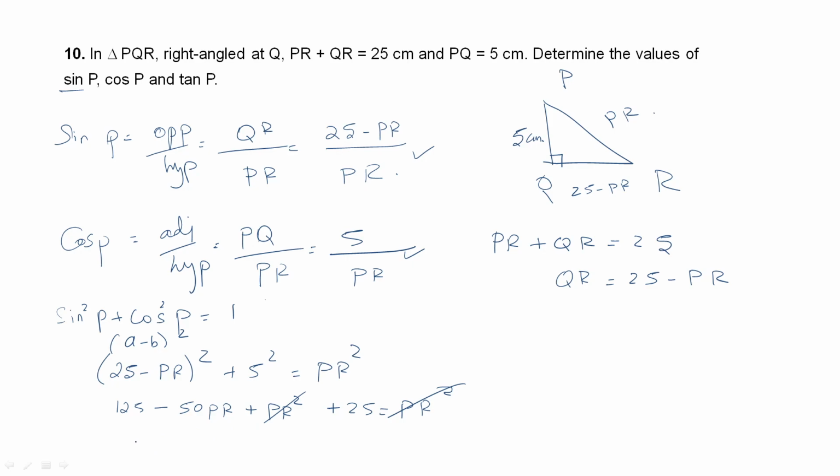So now bring it on one side, this will become 100 equal to 50 PR, right? So PR is equal to 2. We got the answer for PR.